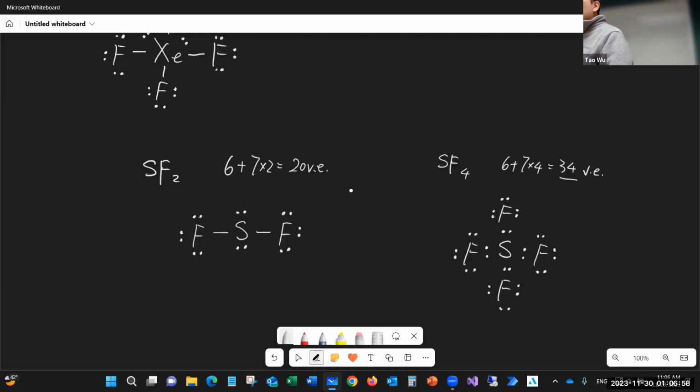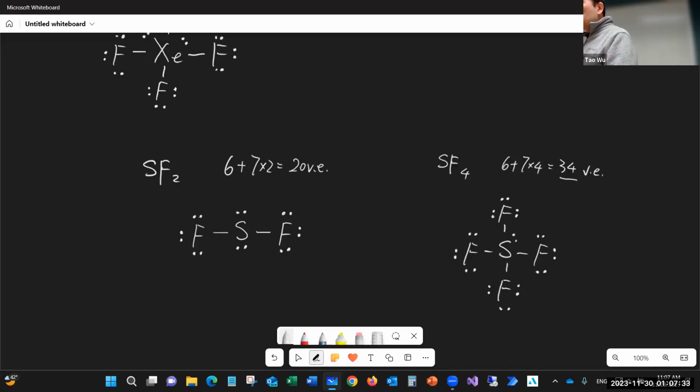But this one has 34, right? That means we need an extra 2. Where does the extra go? The central atom. Do not write the bonds as if the dots are gone. The bonds still contain dots; each bond is still counted as 2 dots. So you replace the shared electrons with bonds, making 4 bonds, and we still have 32.